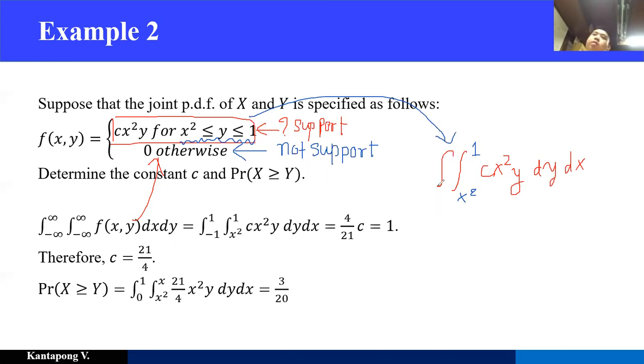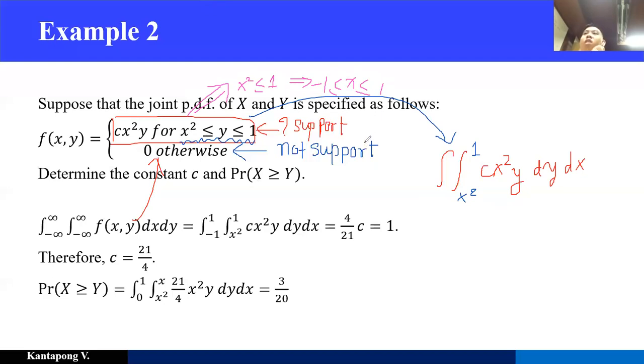But what should x be? I didn't say here, but this inequality implies that x squared is less than or equal to 1. In other words, x is between -1 and 1.